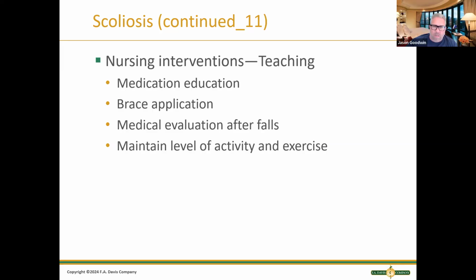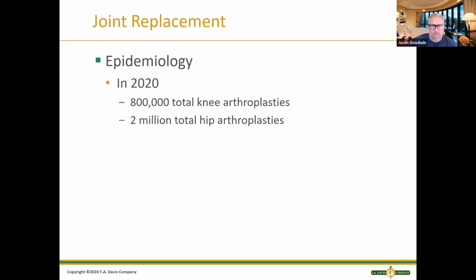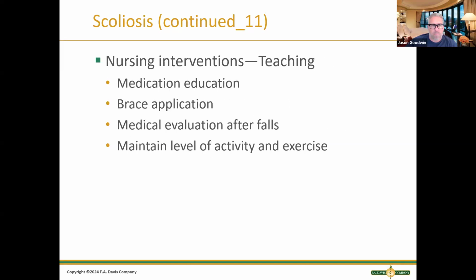It can be a challenge when they're washing or changing clothes because of the brace limitations, but also in the event of a fall, you tell them they're going to need to communicate right away with any of their physicians, because any kind of further damage can set you back quite a bit and you may not be aware of it. And then maintain their level of activity as much as possible.